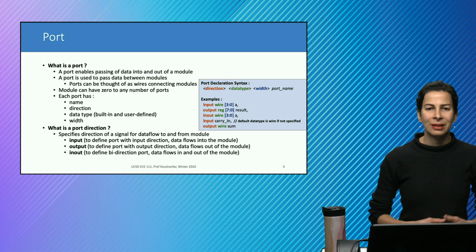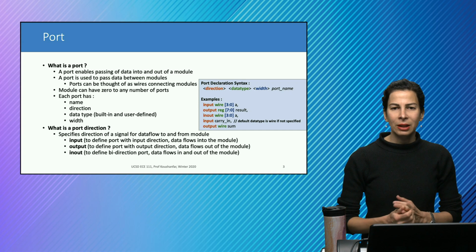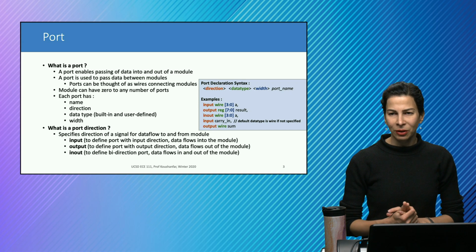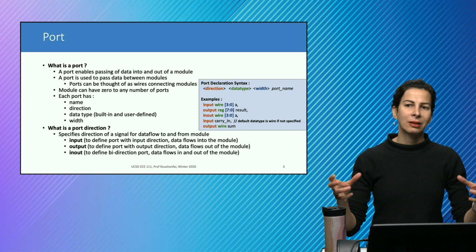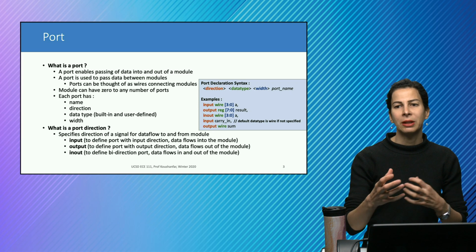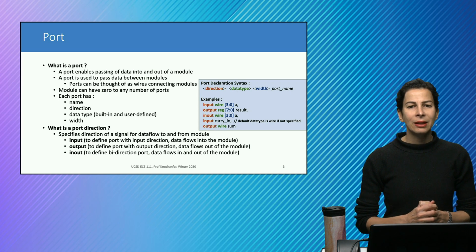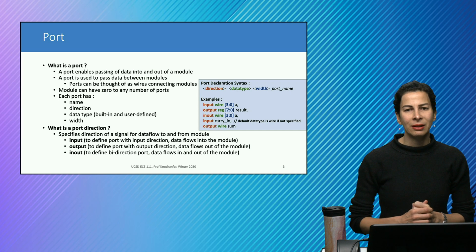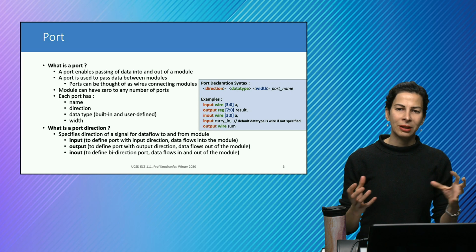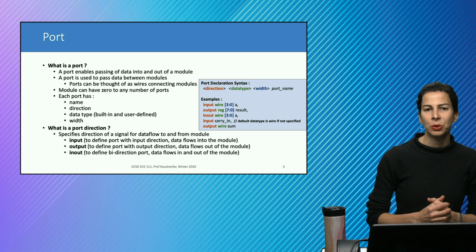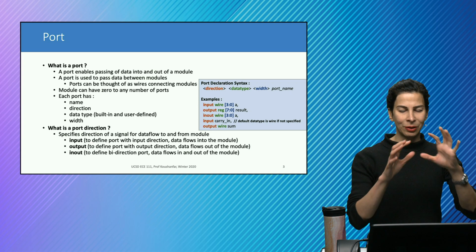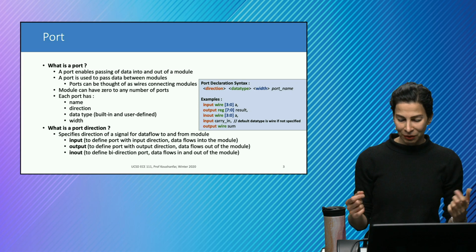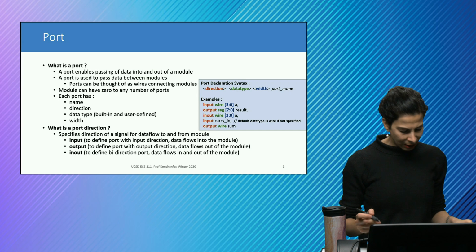So the port has a name, direction, the data type, which we discussed earlier, and the width, like how many bits it's going to take for that module interface. The direction specifies a signal or data flow that comes in or out of the module. So we have input, similar to the block diagram which we drew earlier.